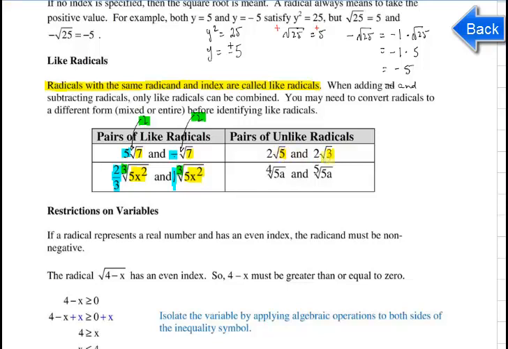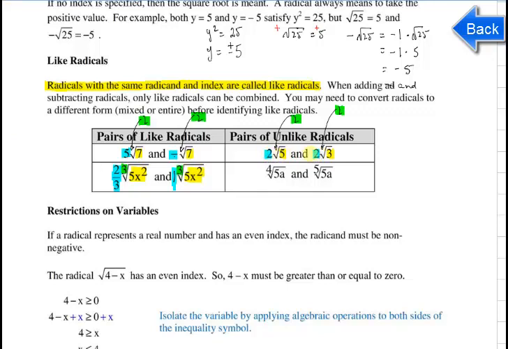Okay, they don't share the same radicand. One is 5, one is 3. Notice that they do share the same index. They're both 2's. And once again, in this case, we have the same coefficients.